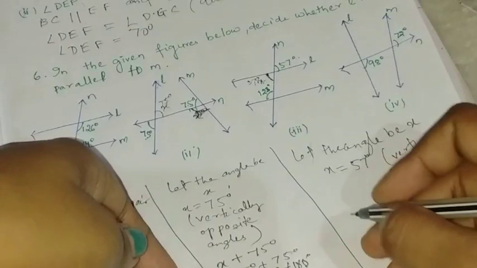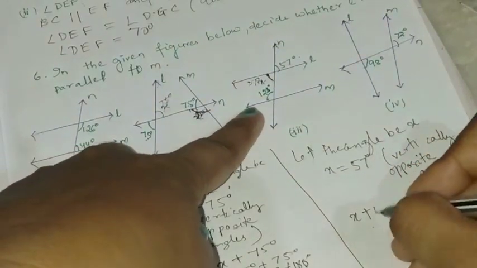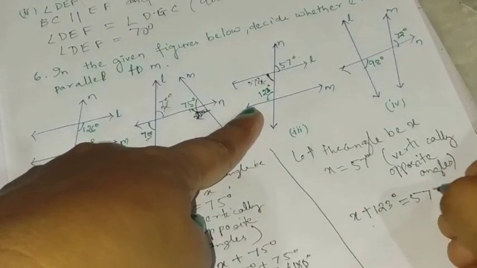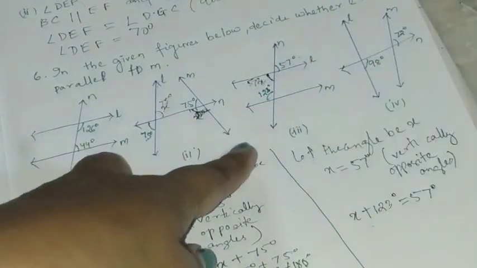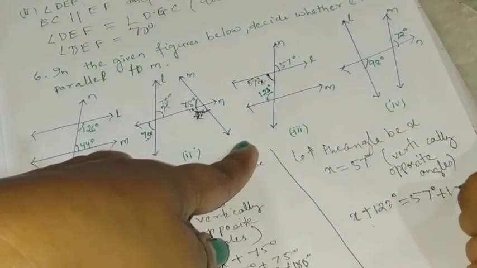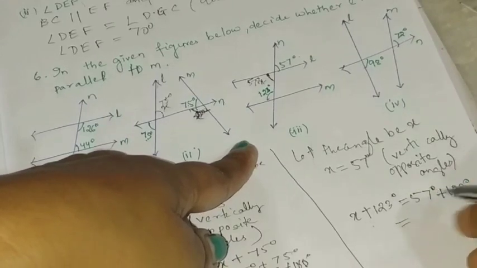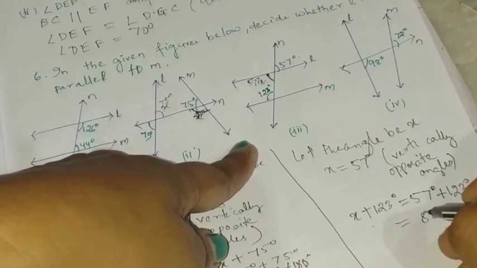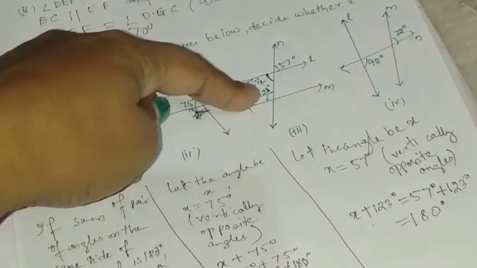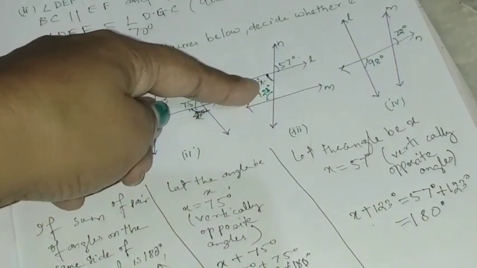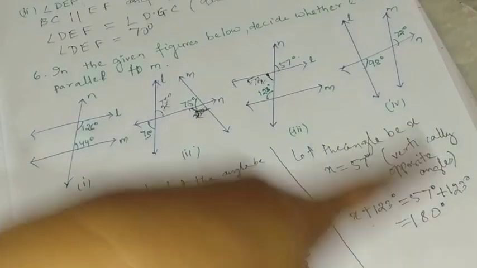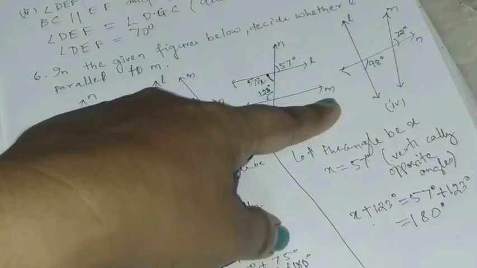So let's see. x plus 123 degrees, x is 57 degrees, so 57 degrees plus 123 degrees equals how much? 7, 3, 10, 5, 2, 7 plus 1, 8, 1, 180 degrees. So the sum of interior angles on the same side of the transversal is 180 degrees. That's why L is parallel to M.